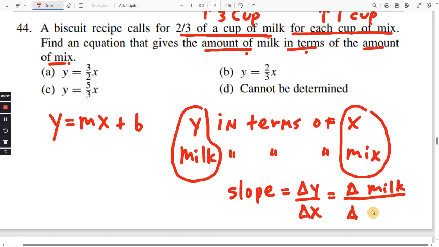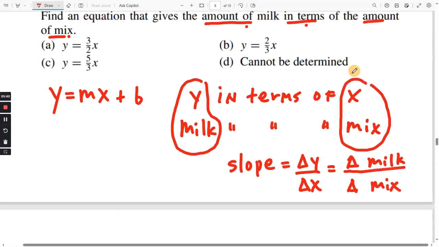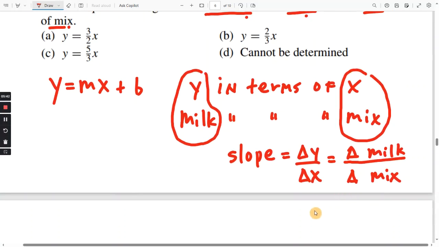Over the change in mix. So the milk goes up by 2/3 when the mix goes up by 1. So that's just going to equal 2/3 over 1, or just 2/3. That's your slope, m.